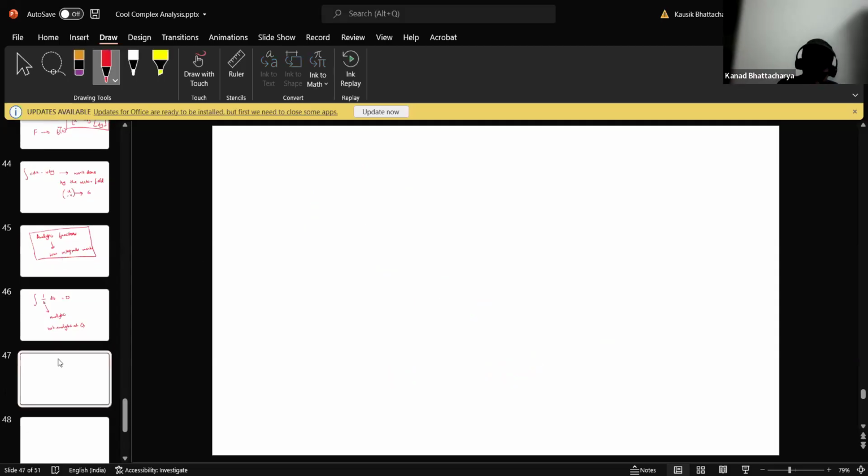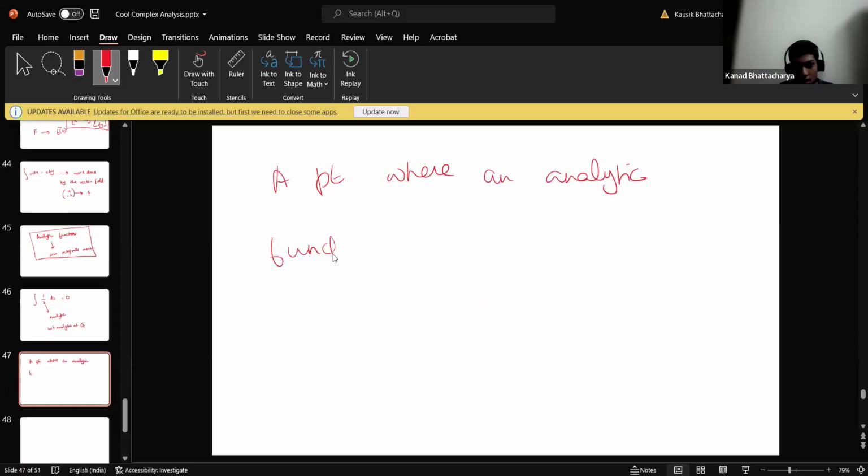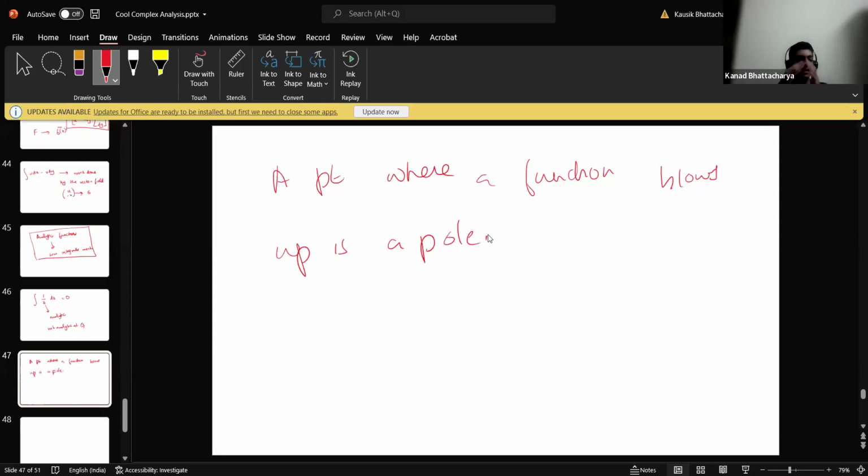So let me just clarify. Okay, so there are some subtleties in this definition. So we'll now be investigating how these poles work.